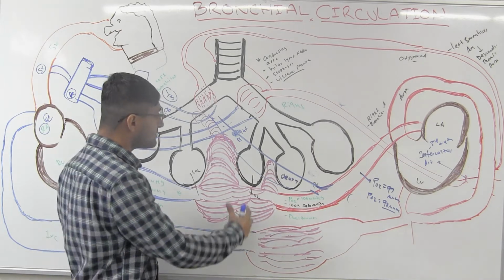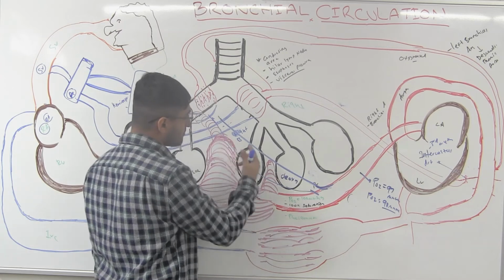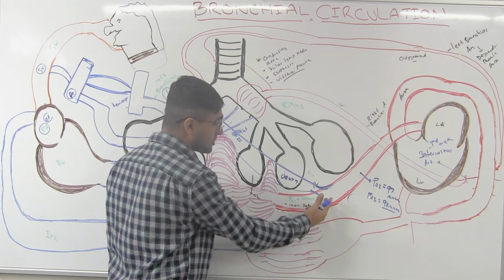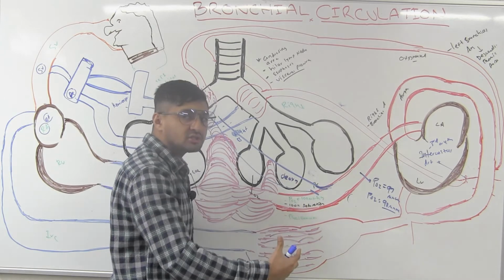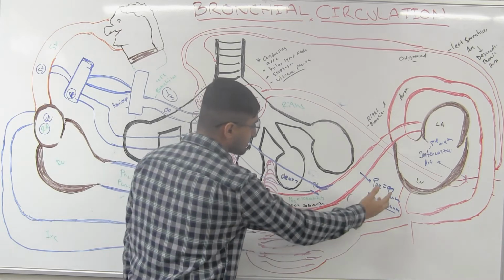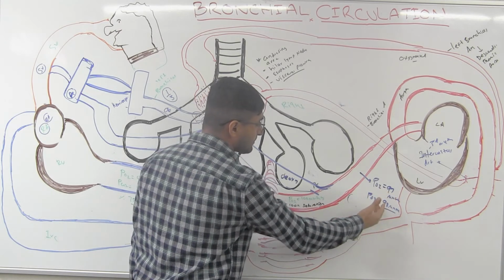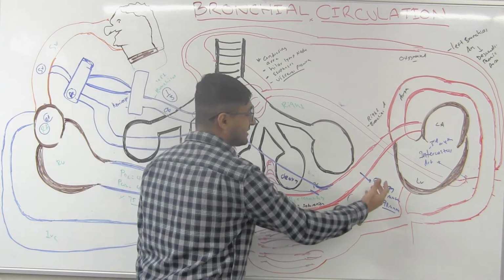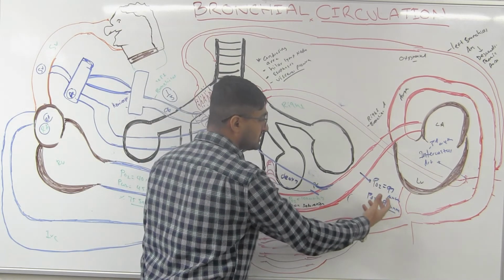Whenever there's a mixing of deoxygenated blood and oxygenated blood, we call it shunting. This part of the circulation is a physiological shunting that happens normally, and that drops the partial pressures of oxygen to 97 and 98. And with that, it doesn't really affect much because there is still a really high pressure of oxygen.